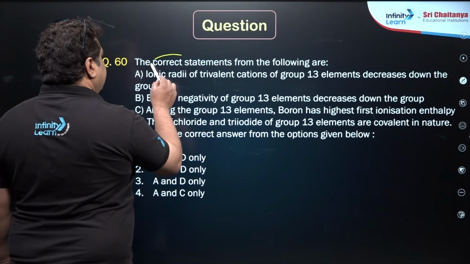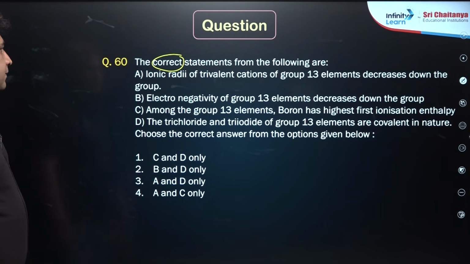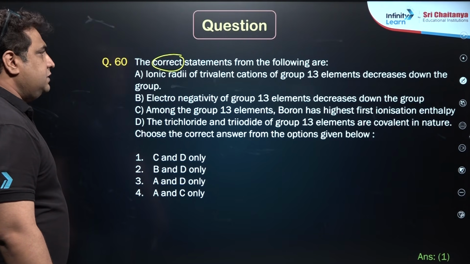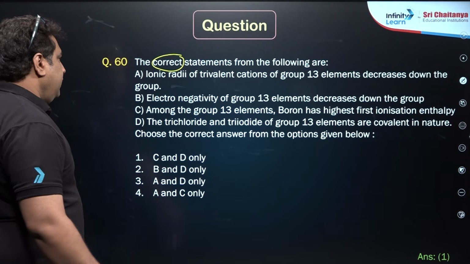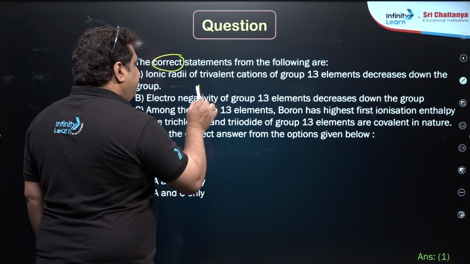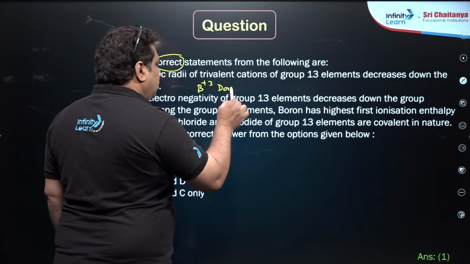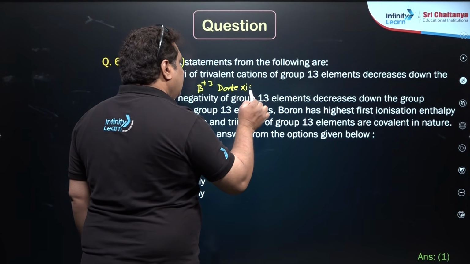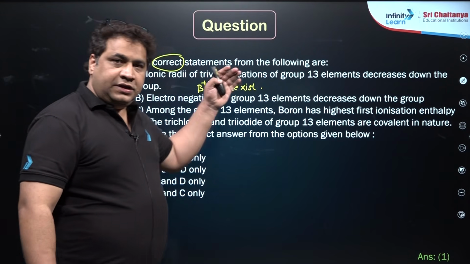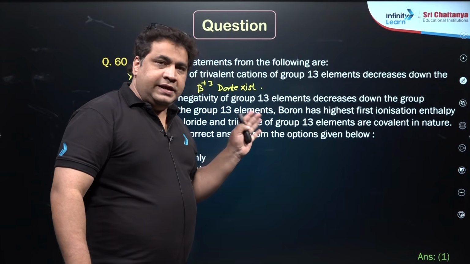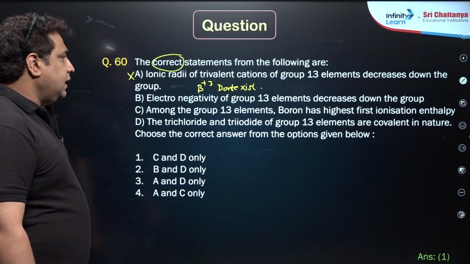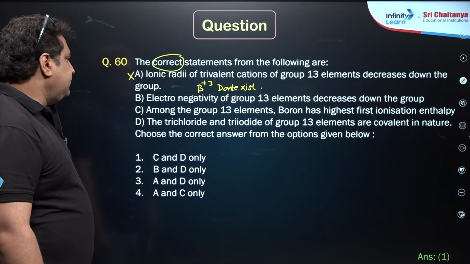Now the correct statements from the following are, right. Ionic radii of trivalent cations decrease down the group. So first of all, boron plus 3 doesn't exist, correct? Imaginary exists also, okay. Generally it has to decrease down the group, but nearly some of them are equivalent. Next, electronegativity of group 13 elements decreases down the group.